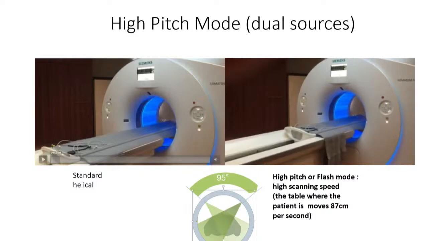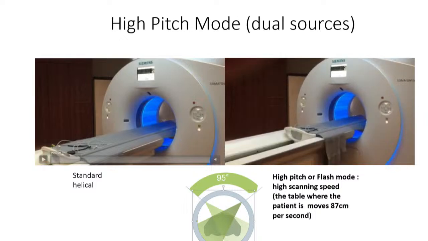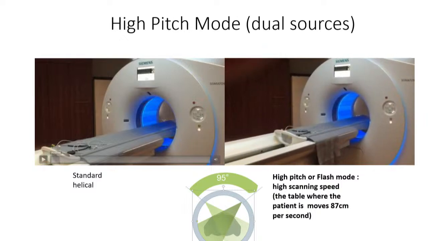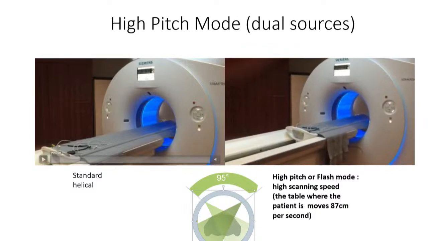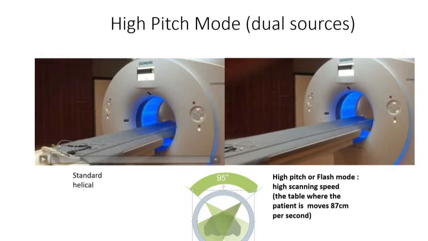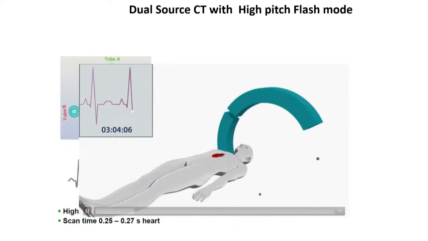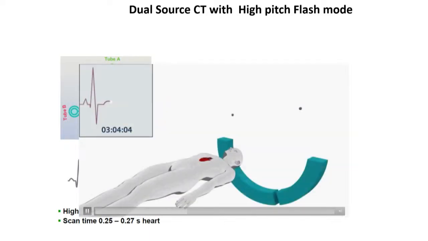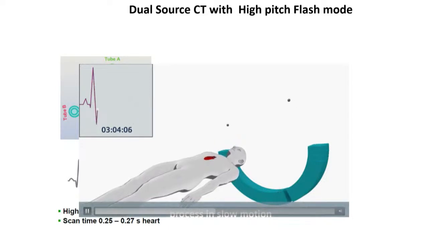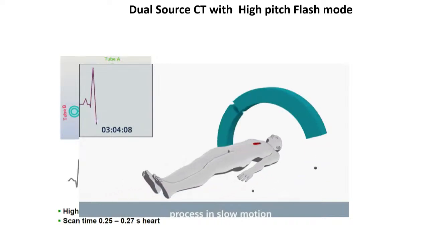Standard helical retrospective gating, the pitch is about 0.2, 0.3. With high pitch, it's 3. So we're talking about 10 times faster. Okay. Let me see, we can show you. So again, literally what you saw, how long it took for that to rotate, for the table to move, that's what it took to actually image the patient.